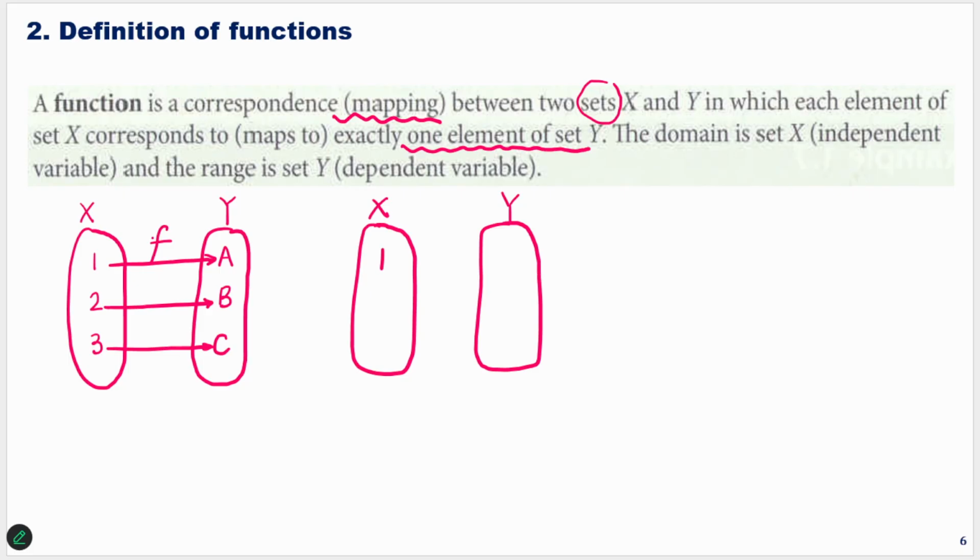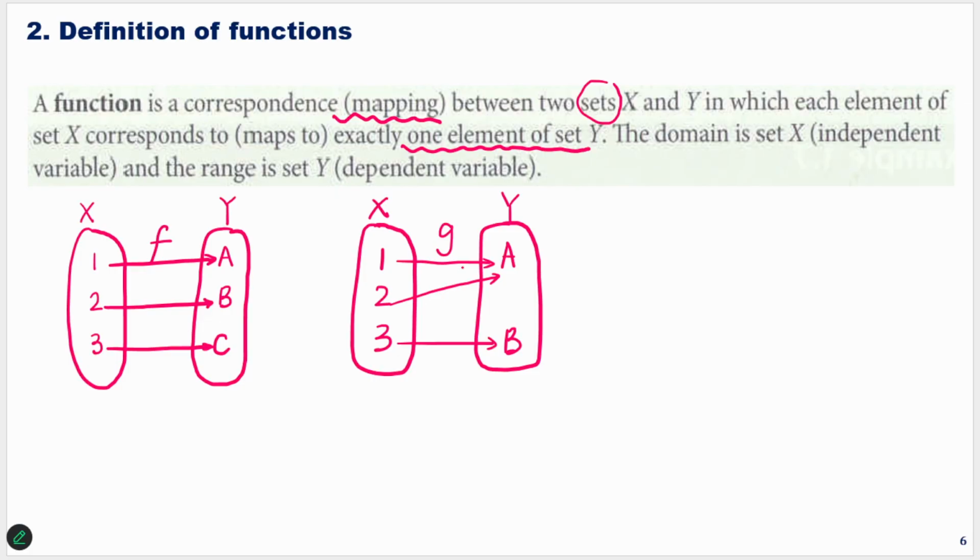So in x, we still have 3 elements, let's say numbers 1 to 3, and this time we only have 2 elements in set y. And function f maps 1 to a, maps 2 to a as well, and it maps 3 to b. So again, let's give it a name, f, or we could also use some other letter, g. g is another mapping relation which maps one element in set x to a unique output in set y, right?